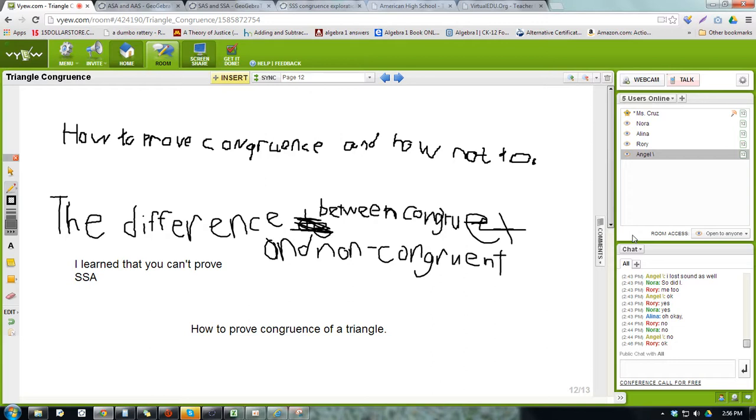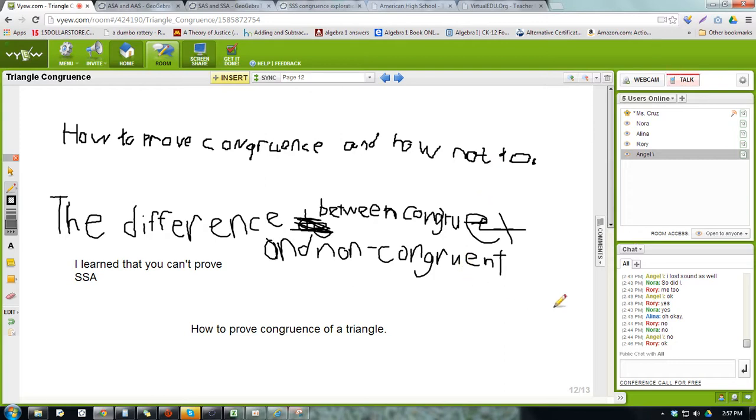All right. Cool. And I think I got something for everyone, and I like what I'm seeing. How to prove something's congruent or not. Definitely something important in geometry. SSA doesn't work. Good. And how to prove triangles are congruent.